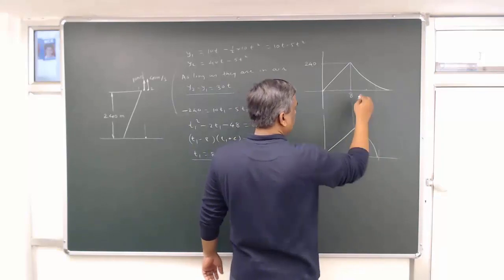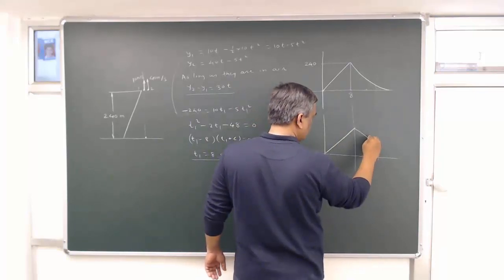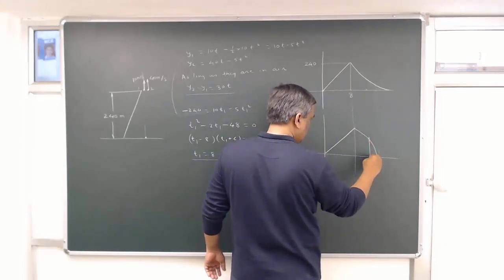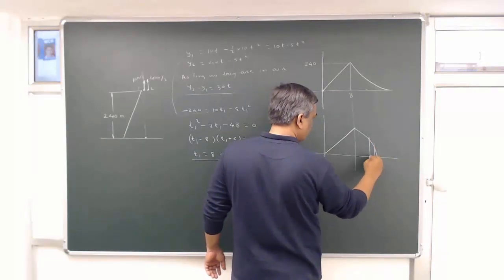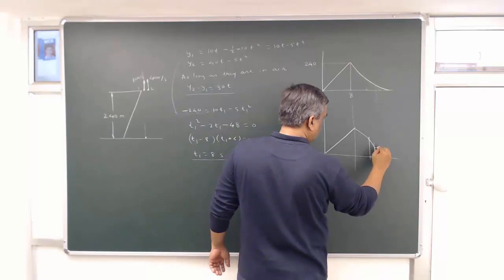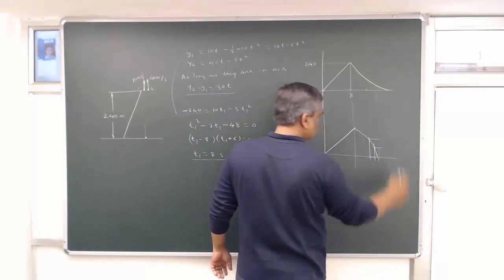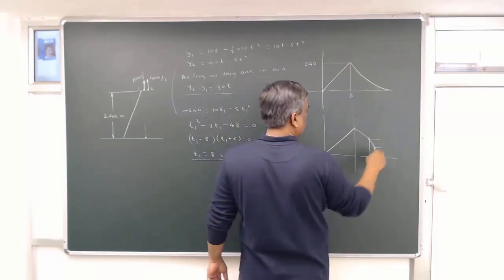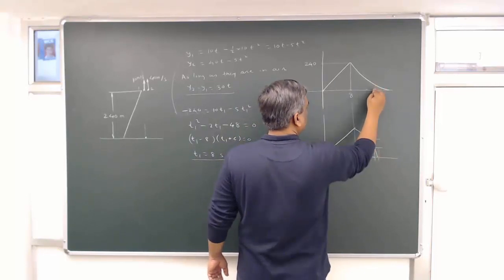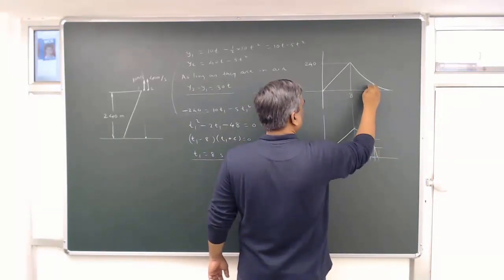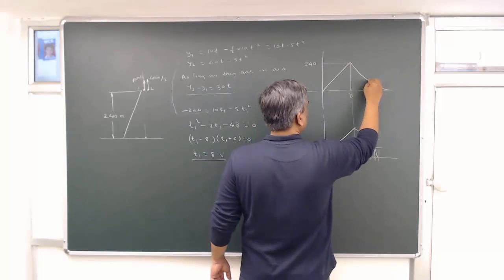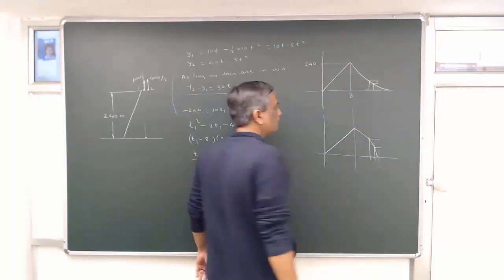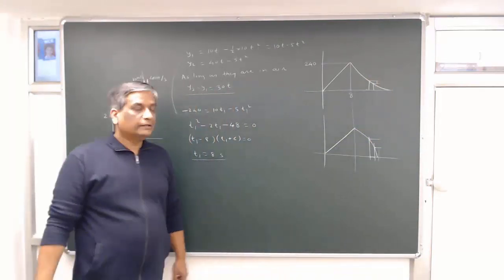So now, if I take a small time interval here, its displacement changes by this much. And if I take the same time interval here, its displacement changes by a small amount. Right?